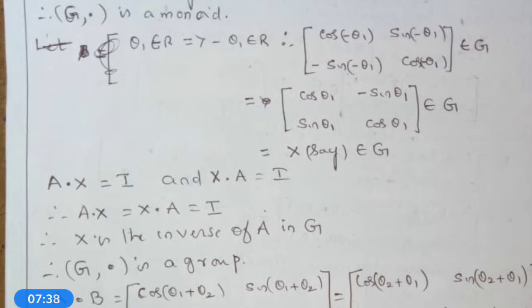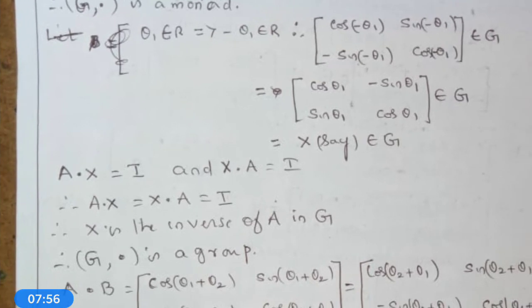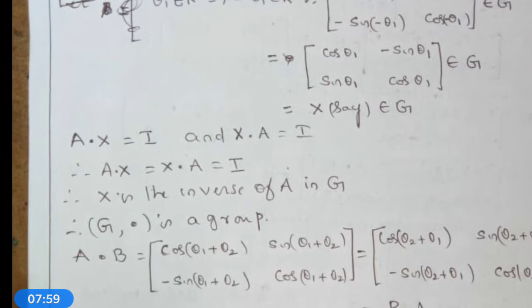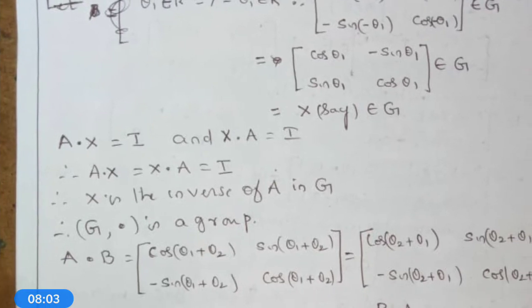Once again, θ1 belongs to R, then -θ1 also belongs to R. Therefore, the matrix has first row cos θ1, -sin θ1 and second row sin θ1, cos θ1. So, it is a 2 by 2 matrix in G, so X belongs to G. A belongs to G, X belongs to G.